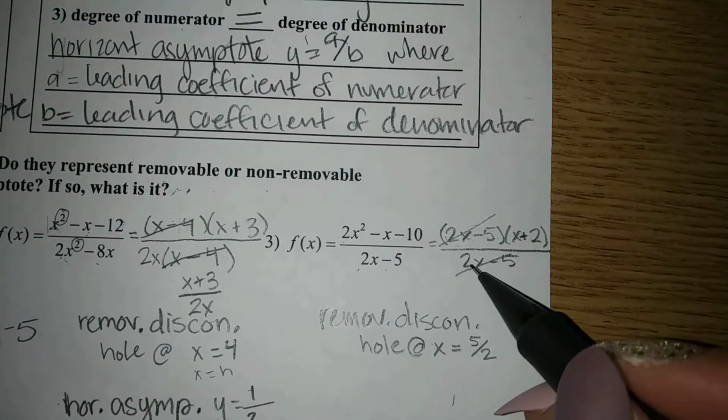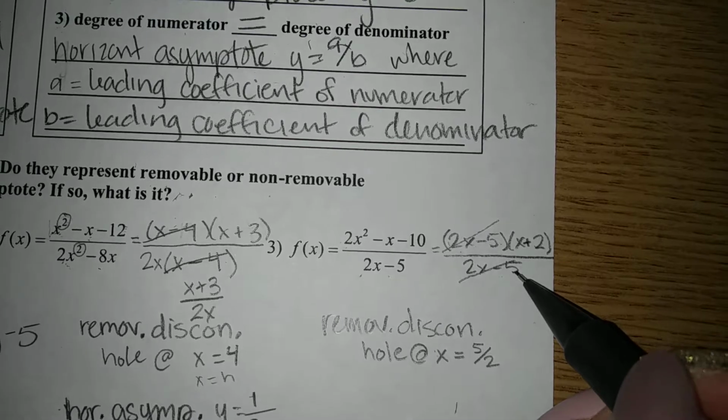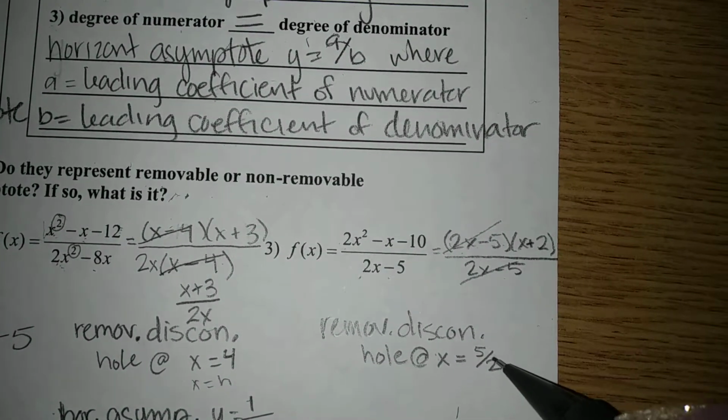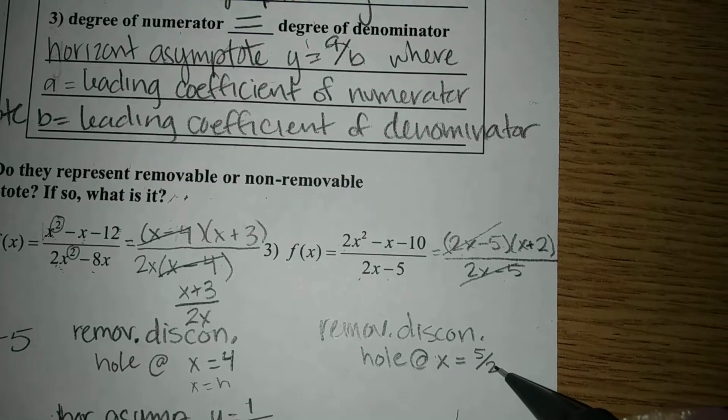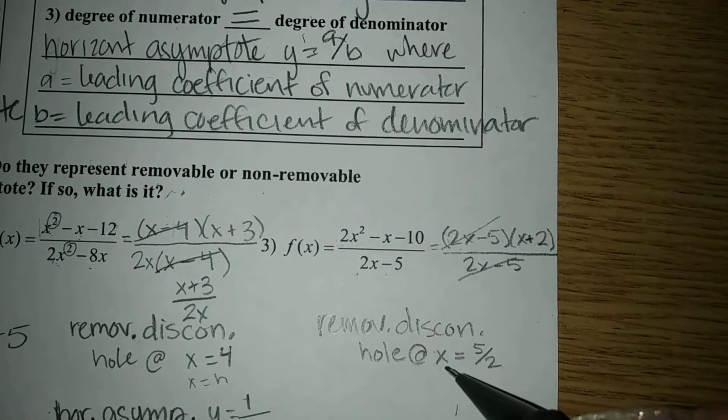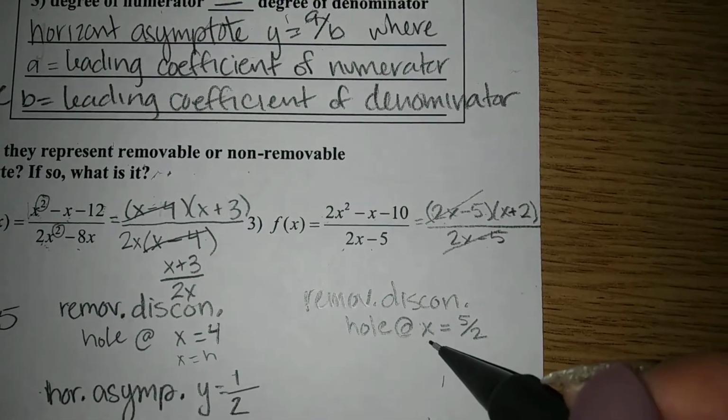Because if I set this 2x minus 5 to 0, I'll end up with 5/2. I would add 5 to both sides and then divide by 2 to get x by itself. So my hole is at x equals 5/2.